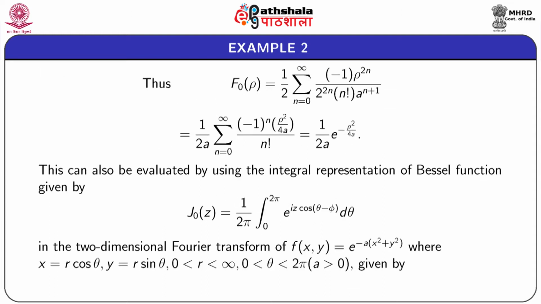Thus, with this simplification, F naught(rho) is equal to half summation n equal to 0 to infinity (minus 1) to the power n rho to the power twice n divided by 2 to the power twice n (n factorial) a to the power n plus 1, and that can be simplified to obtain 1 by twice a e to the power minus rho square by 4a.